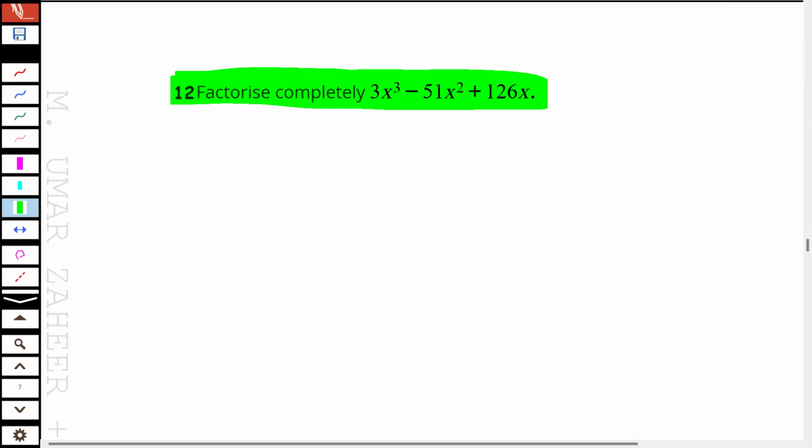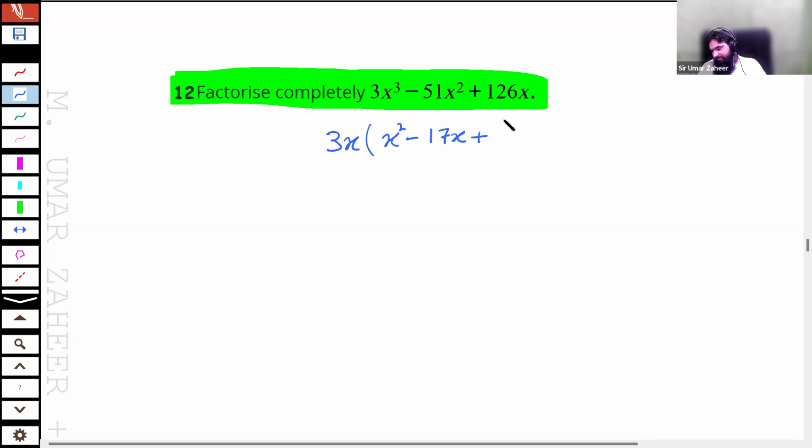In the first question, would we take out x, or can we take 3x out as well? You have to check that. I think 3 is common as well. You have to take 3x as common, so it will become easier. It will become x squared: 3 times 1 is 3, 2 carry, 3 times 7 is 21, and 3 times 4 is 12, 3 times 2 is 6. Now you have to do it.